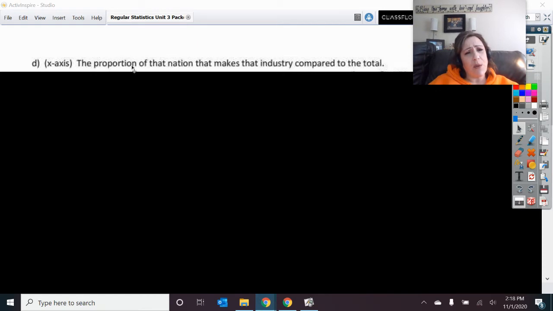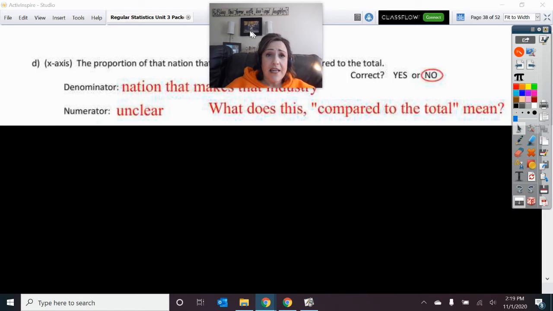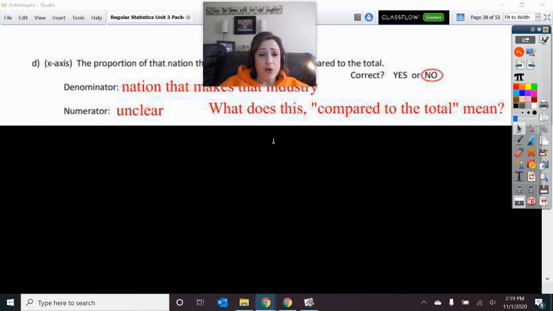And also when they say proportion of that nation that makes that industry, that's like saying the proportion of the U.S. that makes oil, or the automobiles, or the electronics. I don't really know what the numerator is, and I don't know what this compared to the total is. So that's definitely problematic. I would not have given credit for that response.